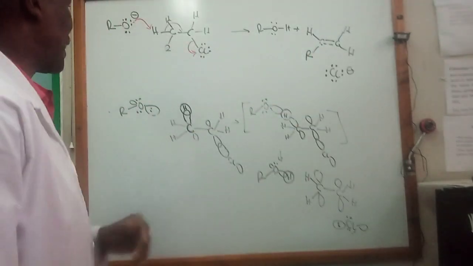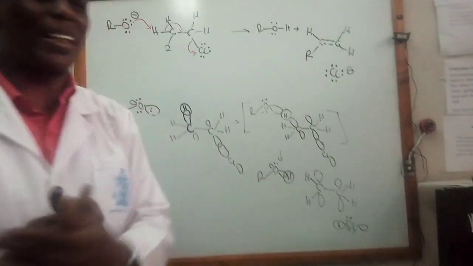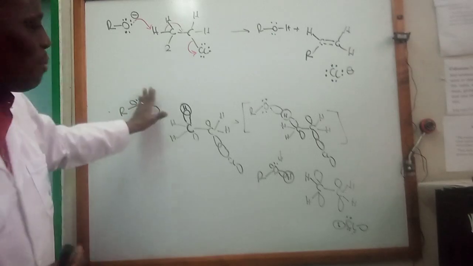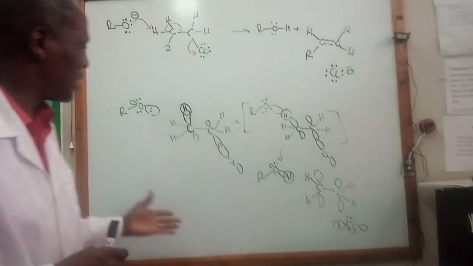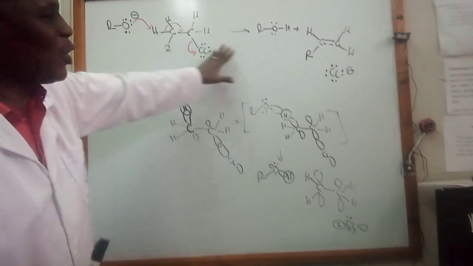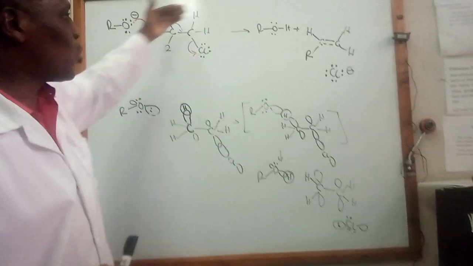Sometimes you can look at the mechanism and say, hey, how does this curly arrow come in here? But if you combine it with the flow of the orbitals, it will not be hard knowing exactly how to put the curly arrow.